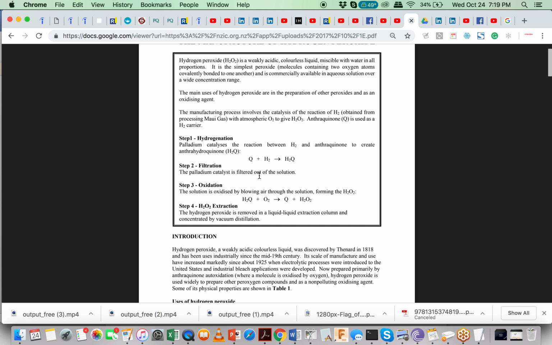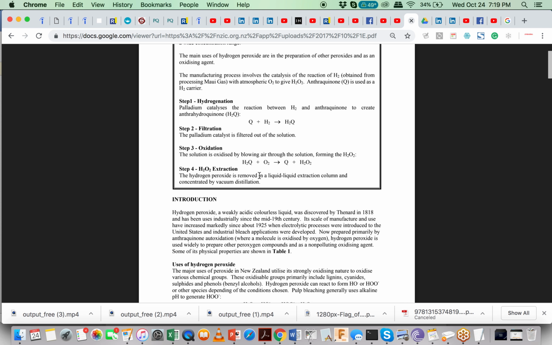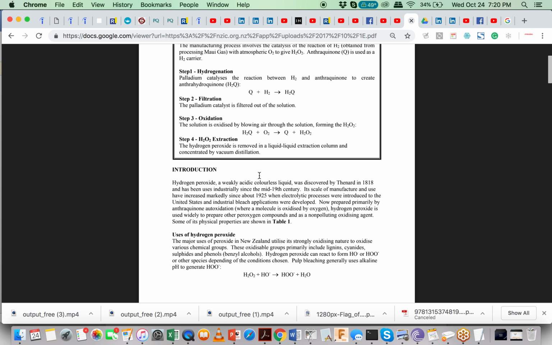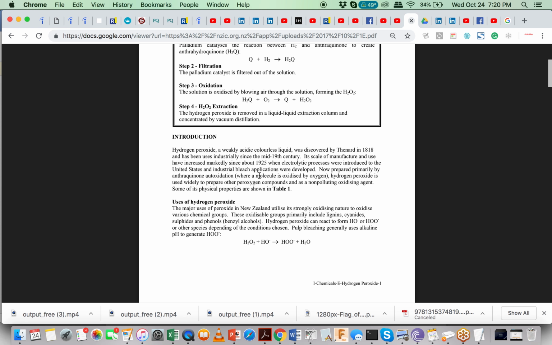The solution is oxidized by blowing air through the solution. Now, step 4. Hydrogen peroxide is removed in a liquid extraction column and concentrated by vacuum distillation.